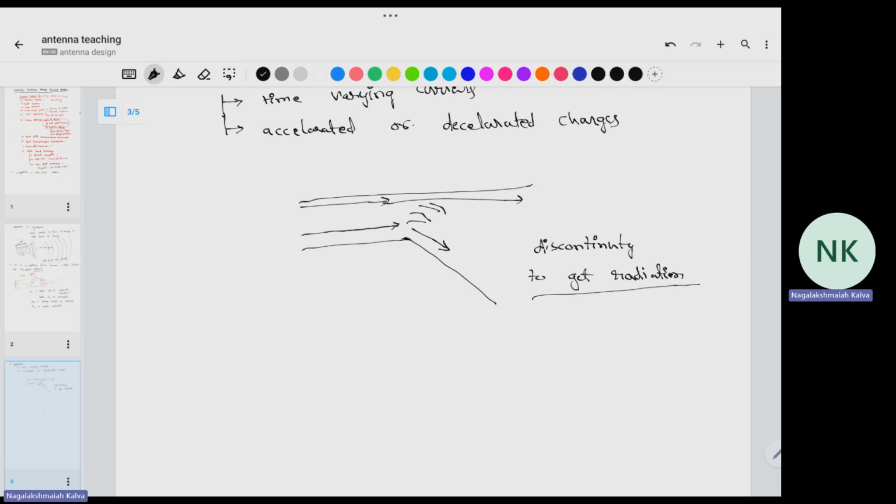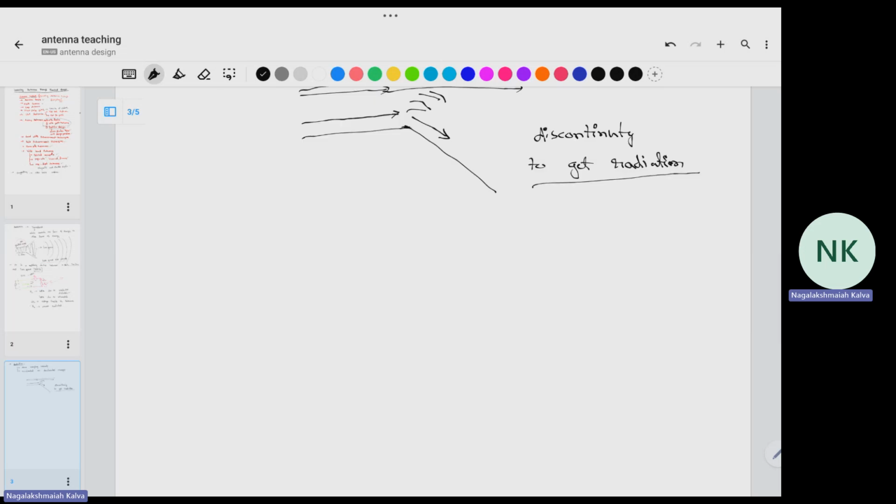So next, these are simple concepts which I just wanted to discuss, and later we'll discuss antenna parameters. What are the parameters important for an antenna designer? As an antenna designer, you should know all these parameters.